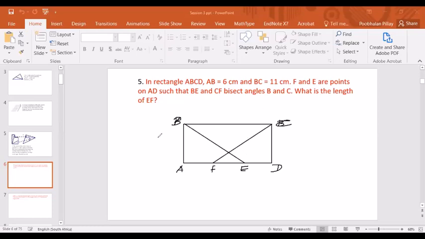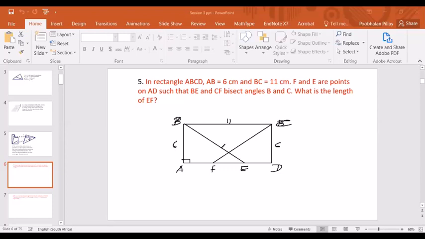Yes, Prof. Also AB and CD is equal to 6 centimeters. Okay, let's put 6 there. Because it's a rectangle, we know that triangle BAE is a right angle and BCD is also a right angle. So we know that we can work it out using Pythagoras.